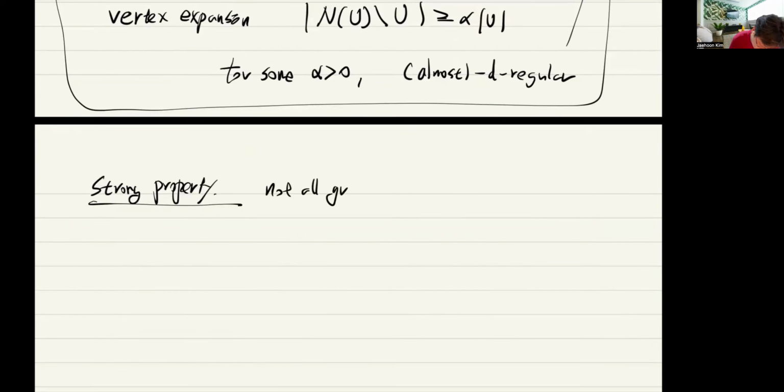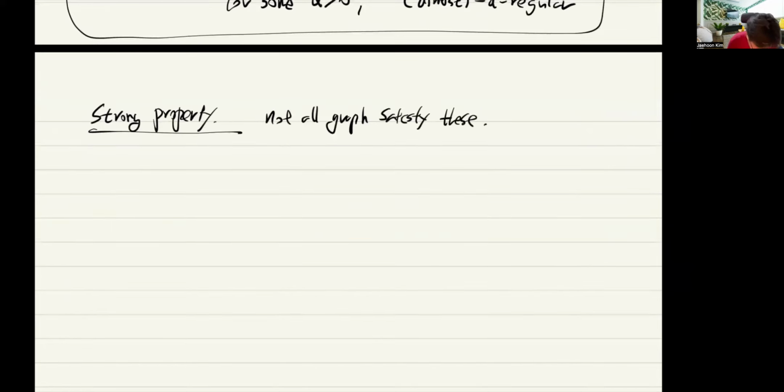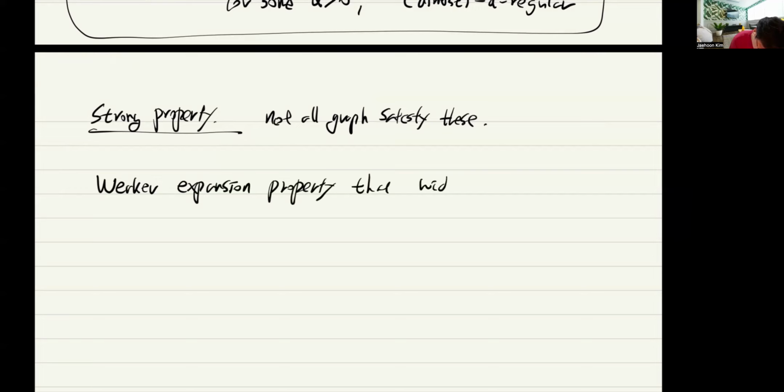So not all graphs satisfy this. One of the attempts is that we can instead consider a weaker expansion property, so that wider classes of graphs satisfy it.